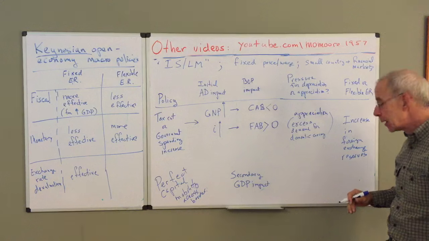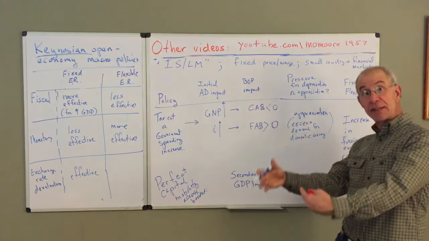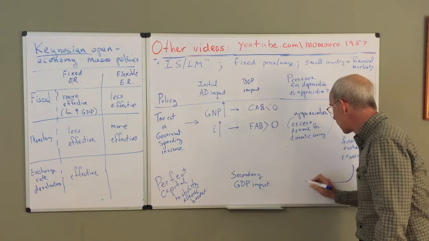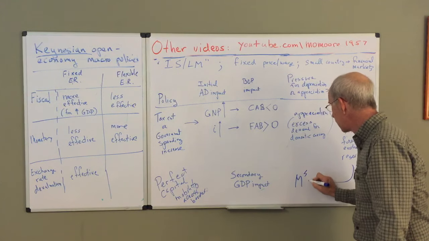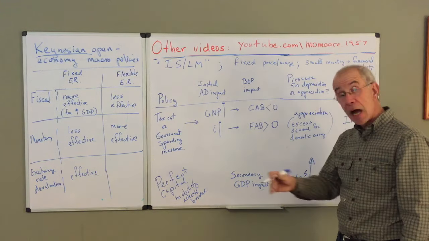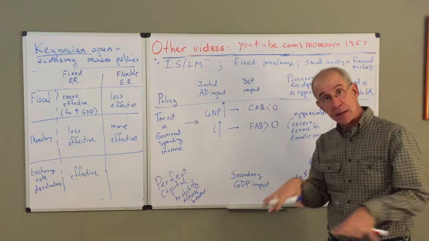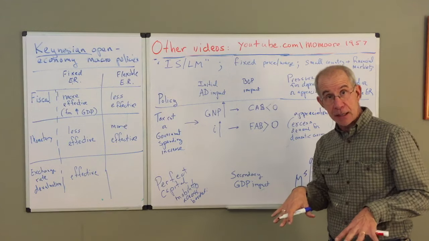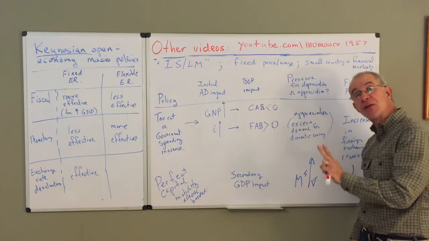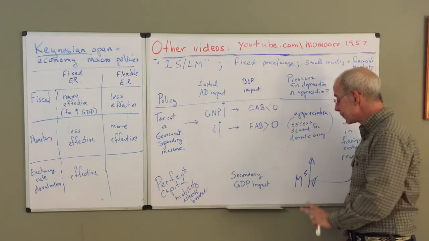The increase in domestic currency in circulation tends to raise the domestic money supply. Not through an open market operation in the domestic market by buying and selling bonds or by printing money, but instead by the intervention in the foreign exchange market.